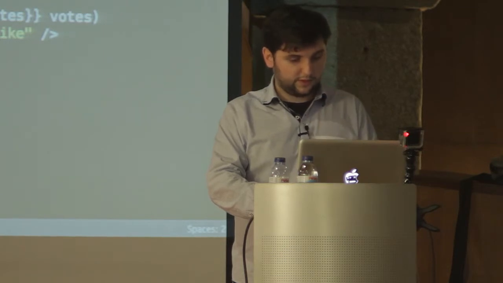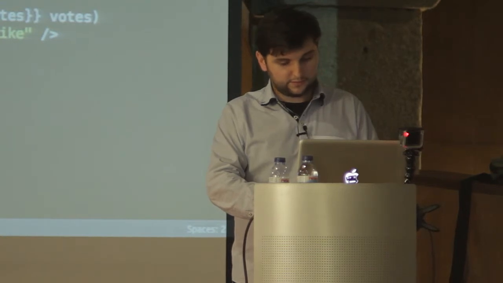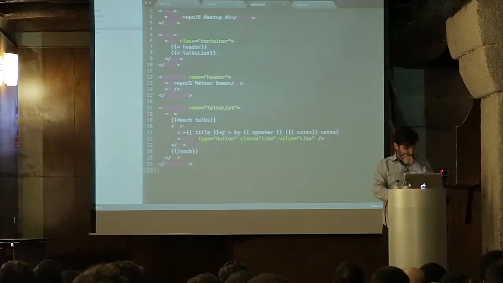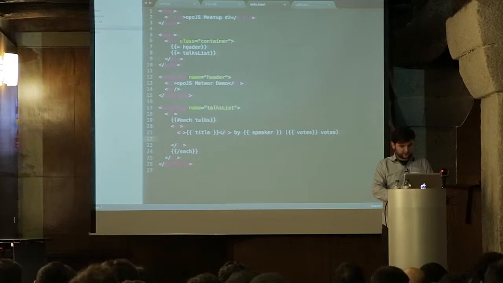You can add templates to the HTML and then work on it. Now, this template has a body, a container, has 2 templates, one for the header and one template for the list of talks. In the list of talks, we want to iterate the talks that we want to see.